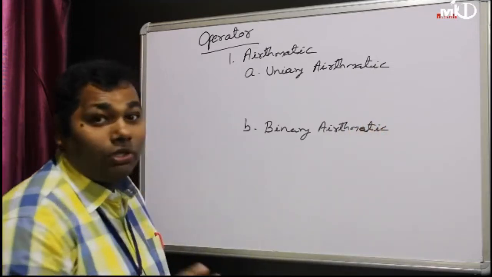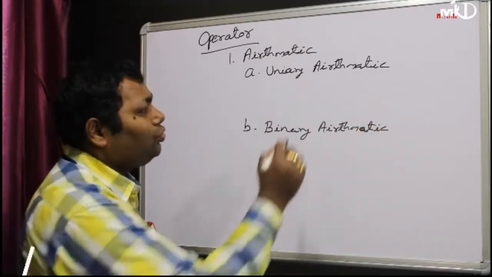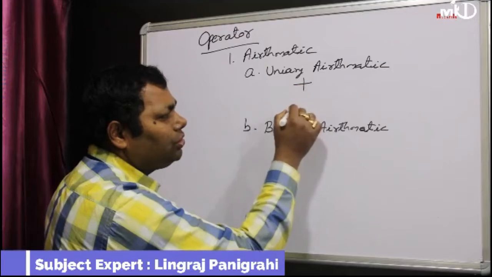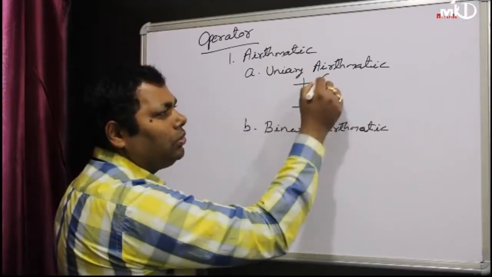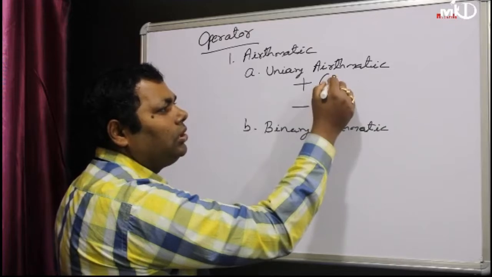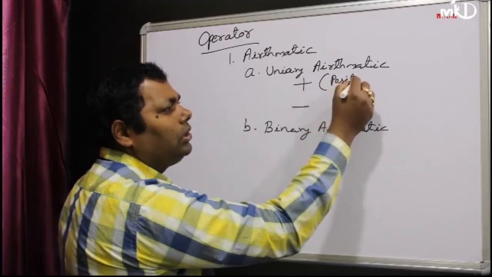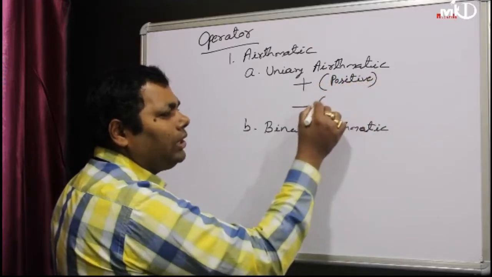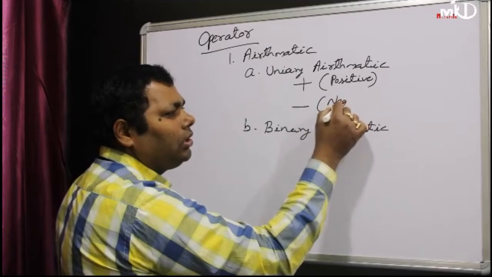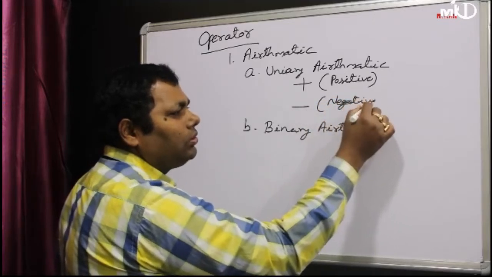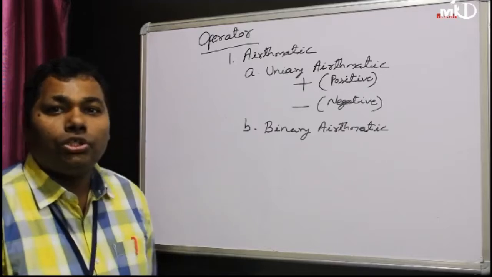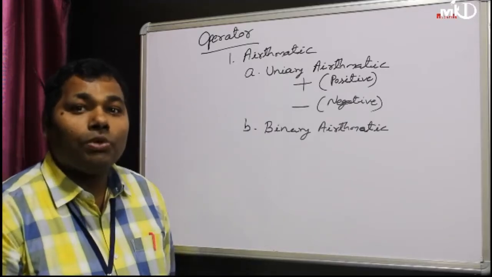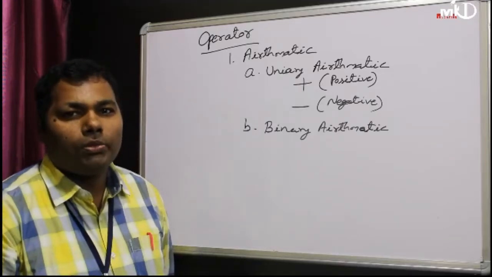Unary means one operand. Two symbols are used for the unary arithmetic: the plus symbol, which is used for a positive number, and the minus symbol, used for a negative number. Generally this operator is used to specify whether it is a positive or negative number.